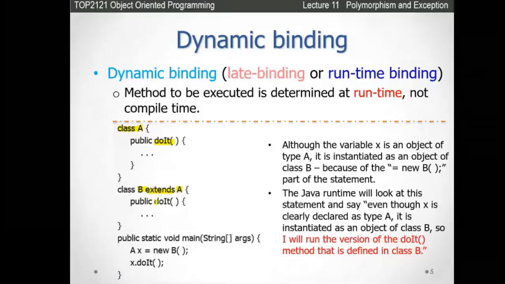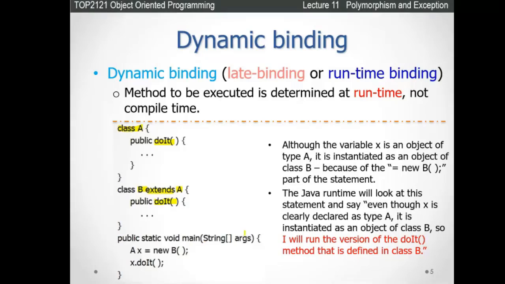The function name is also the same. Now in public static void main, String args, we create the object but call the constructor from class B. So what happens when you call x.doIt? During runtime, it will call the function doIt from the class definition B. I hope you understand what dynamic binding is and how it runs during the execution.